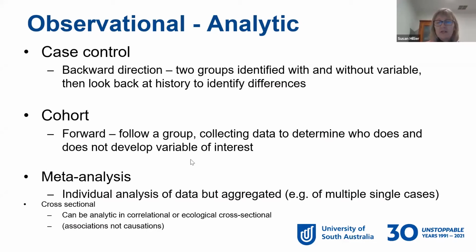In contrast, cohort studies are forward-looking, where we establish a population that's recruited and sampled with known criteria that's reproducible, and we collect data forward in time to determine who does or does not develop a variable of interest. So this could include a group who do and don't receive certain kinds of care or are in certain kinds of environments.